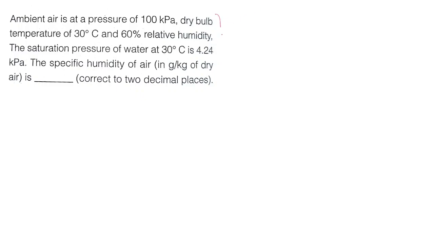Here also we have to do the same thing. PV they haven't given, but relative humidity and saturation pressure are given. So we can easily find PV, right? PV would be phi times PVS, and we can get the specific humidity omega as 0.622 PV by (PT minus PV).